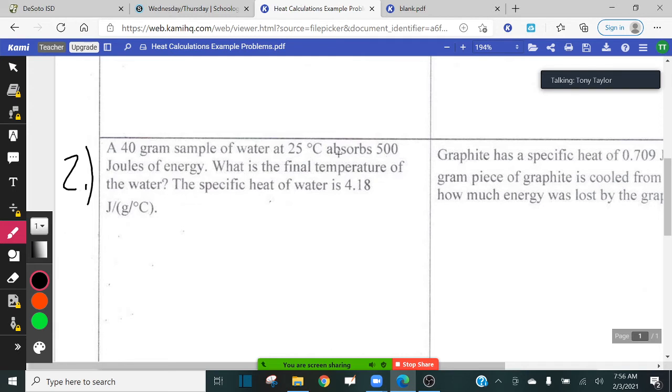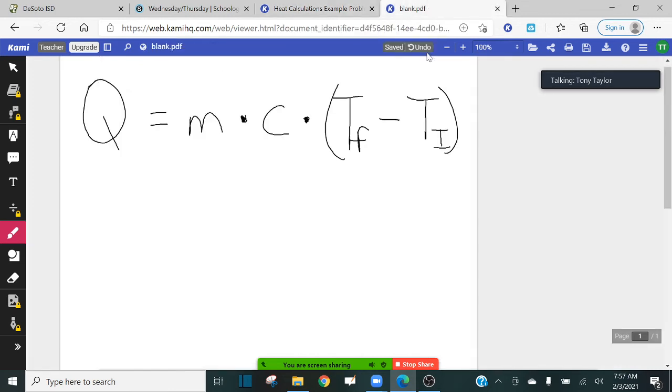We're told that the water absorbs 500 joules of energy. So in other words, we're given Q, and Q is positive, guys. Q is positive here because it absorbed the energy. In some cases, if energy is lost, Q is negative, but in this case, Q is positive.